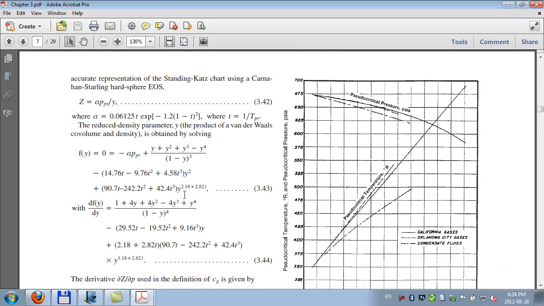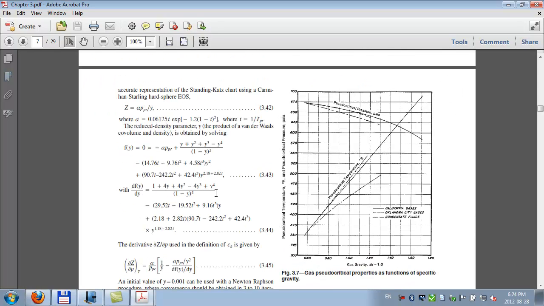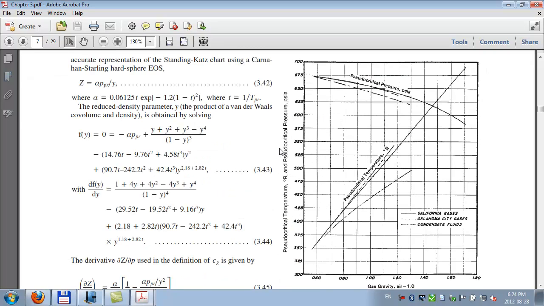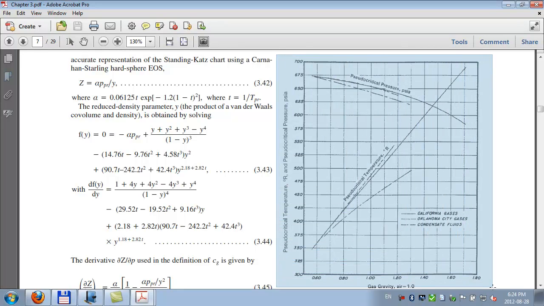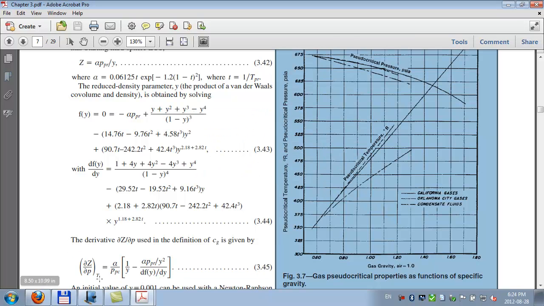Okay, that's this chart here. It's kind of hard to read, so I think we can just bring it in there.